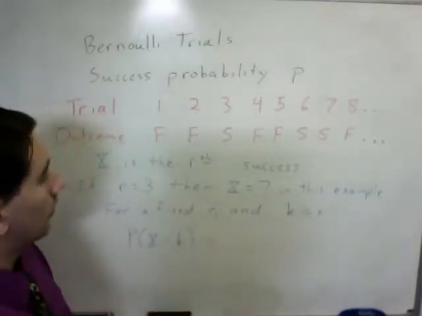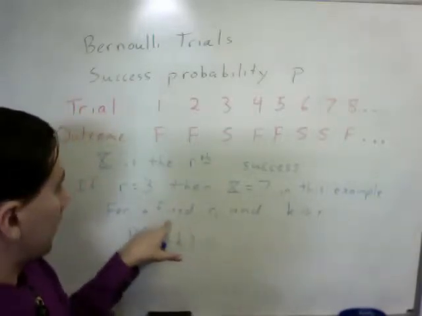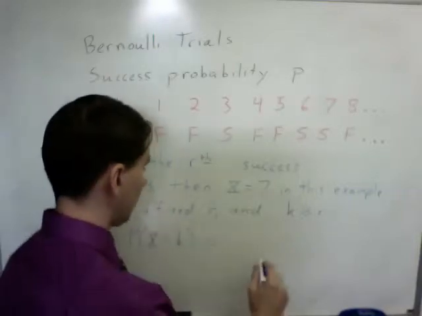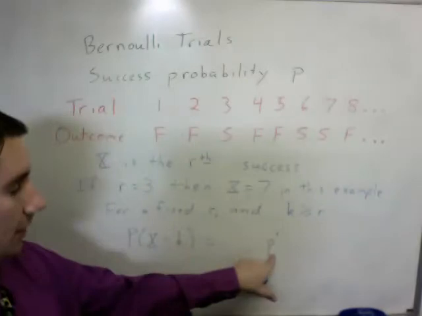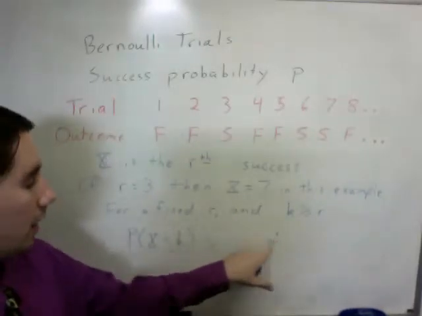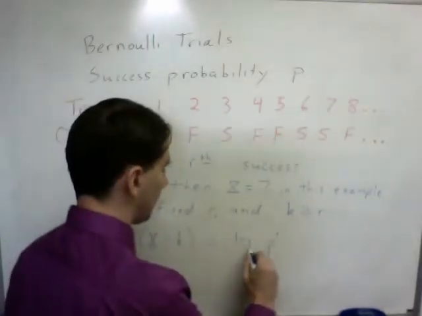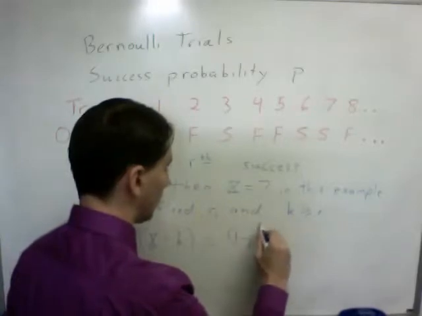is, well, now we've had r successes, right? So we're going to have p to the r, because p is the success probability and we've had r successes. And then we'll have 1 minus p to the k minus r.